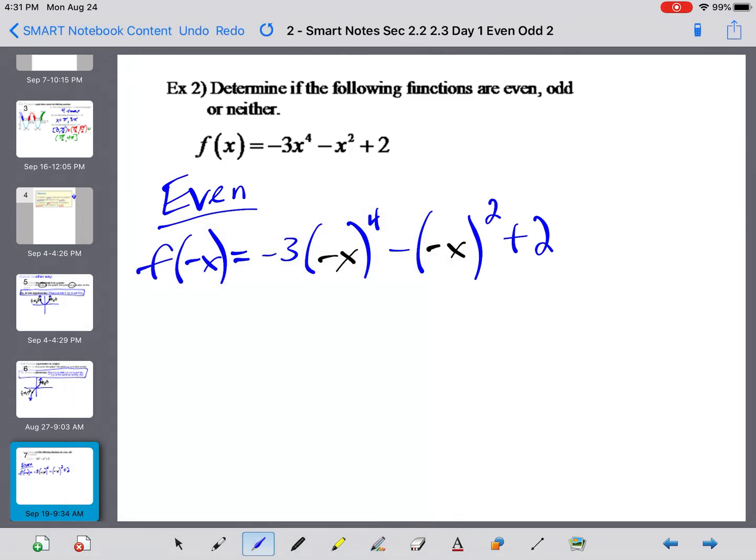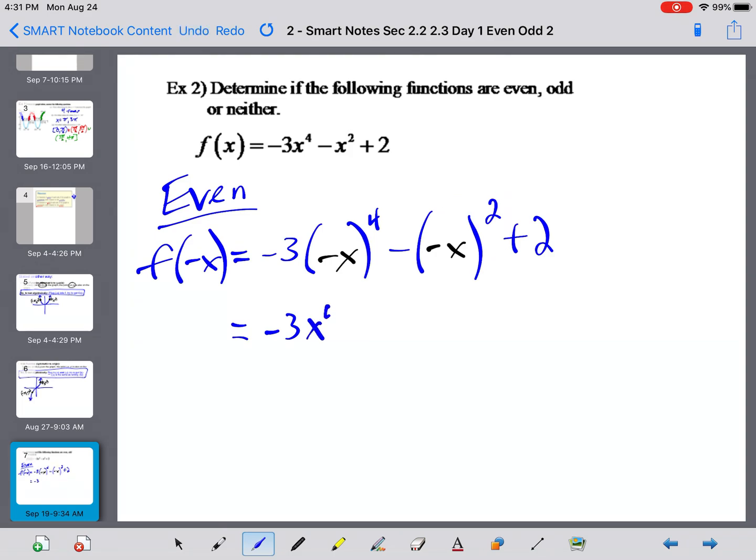Now let's see if I can get this back to my original f of x. The negative 3 out front hasn't been changed. Any negative value taken to the fourth power, or a second or a sixth power, that sign's not going to change. So this is going to stay the same as x to the fourth. Minus, same thing over here.